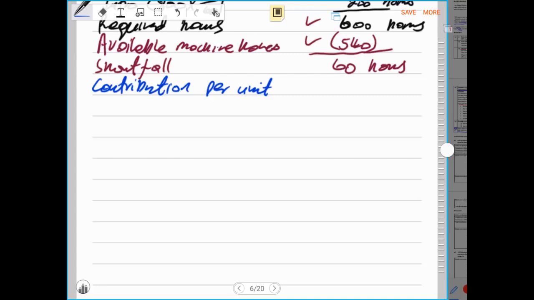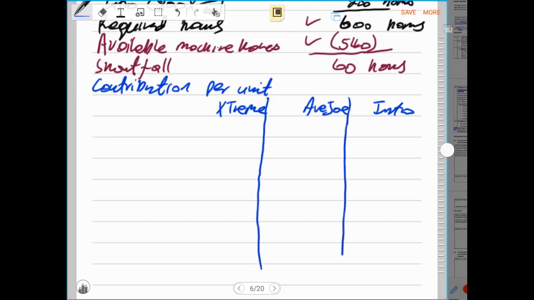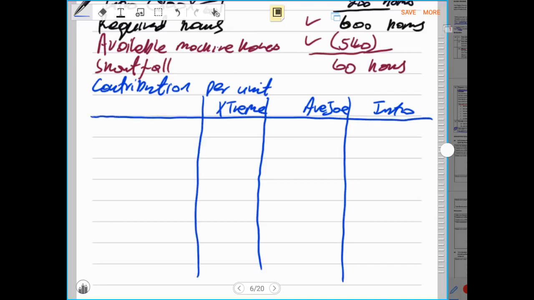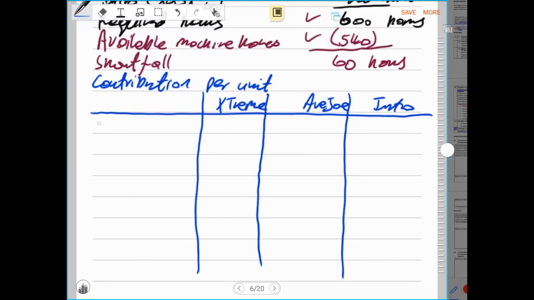So now we have these three products, which is Extreme, Avjo, and Intro. Then you can draw the lines. I normally don't draw the lines in between, I just decided to draw them now for no reason. So we start with the sales per unit.